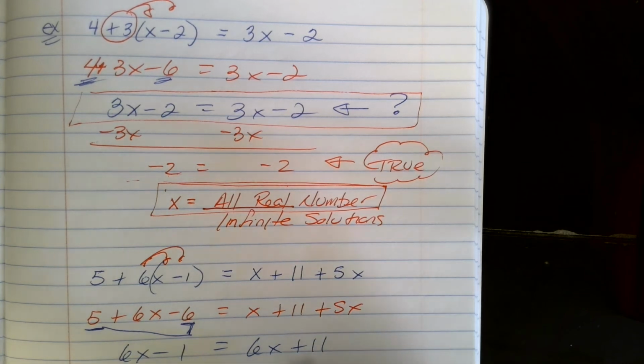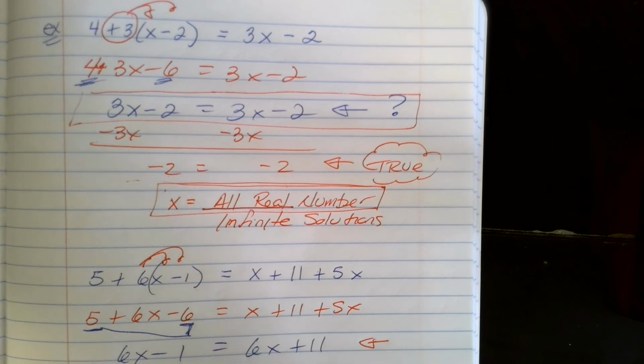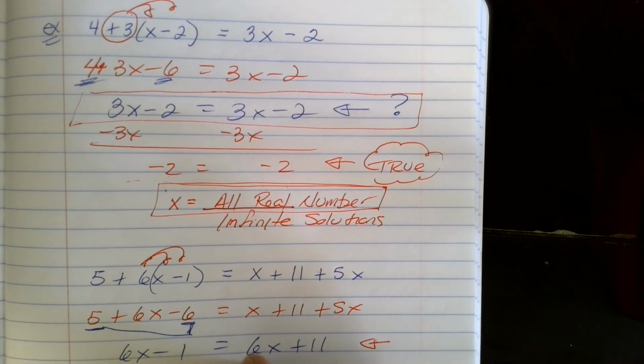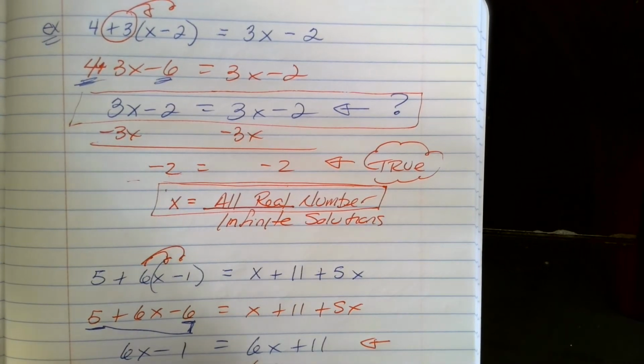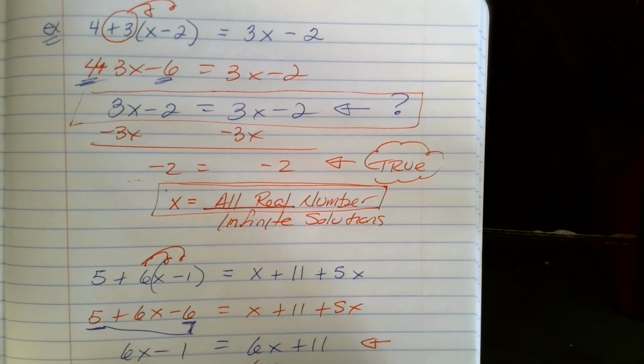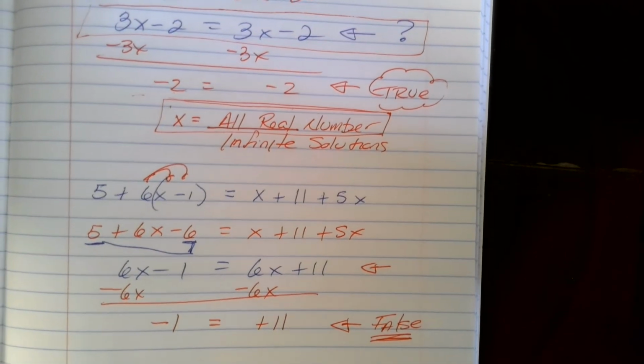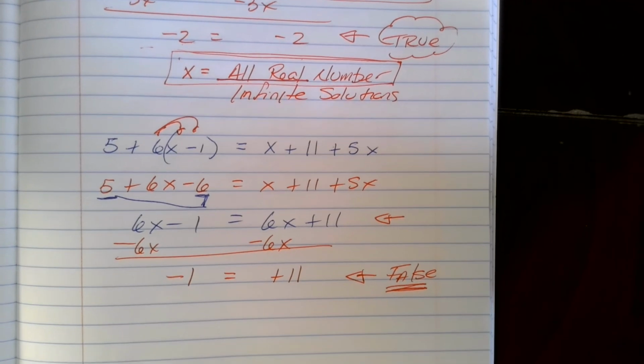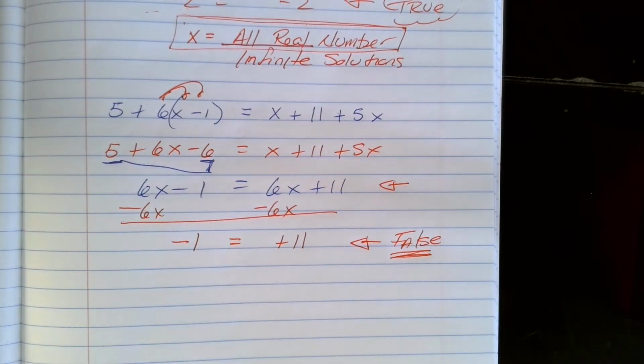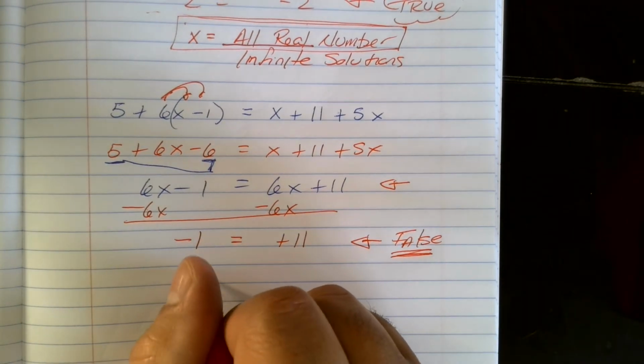I have x's on both sides of the equation. I like to get rid of my smaller x, but in this case they're exactly the same. If I do minus 6x, minus 6x, I'm going to end up with negative 1 is equal to positive 11, which is not a true statement. And I lost my x variable again. So what does x equal?